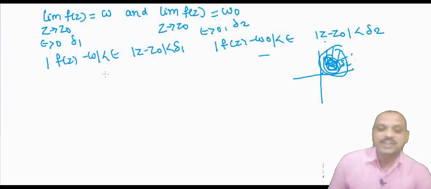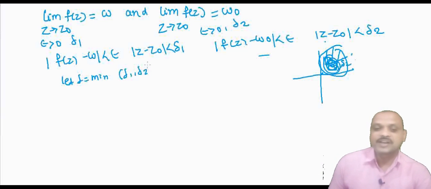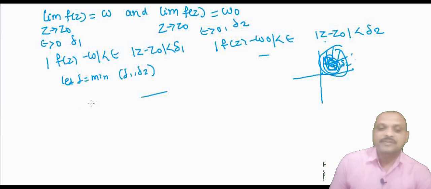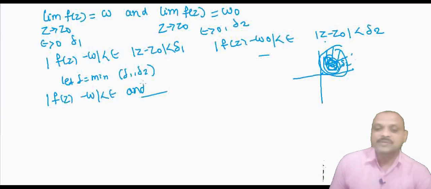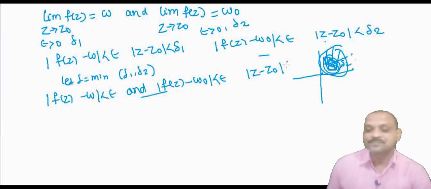That means if we let delta equal to the minimum of delta 1 and delta 2, then for this common region, |f(z) - w| is less than epsilon, and |f(z) - w0| is less than epsilon, for |z - z0| less than delta.